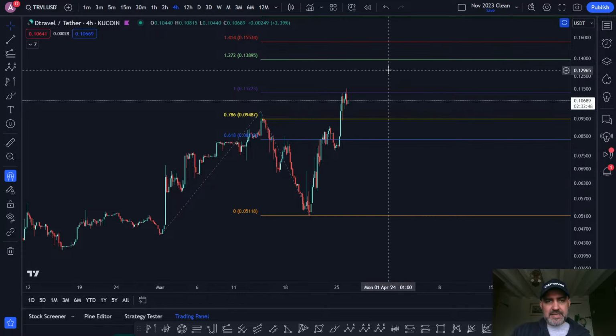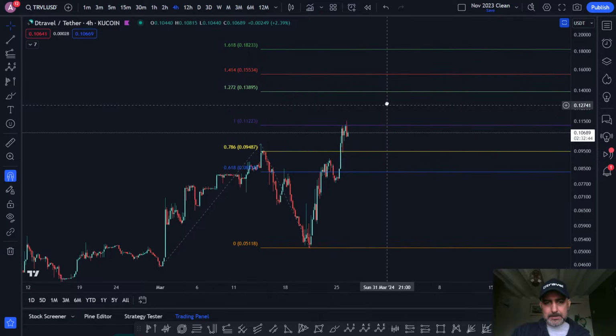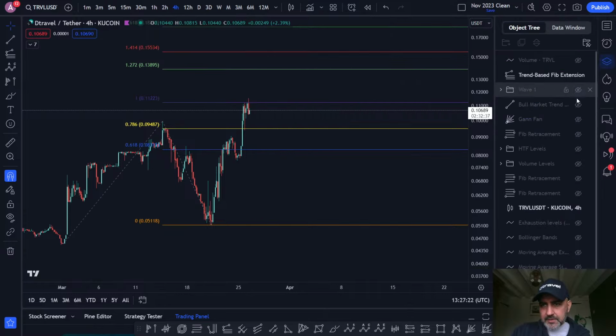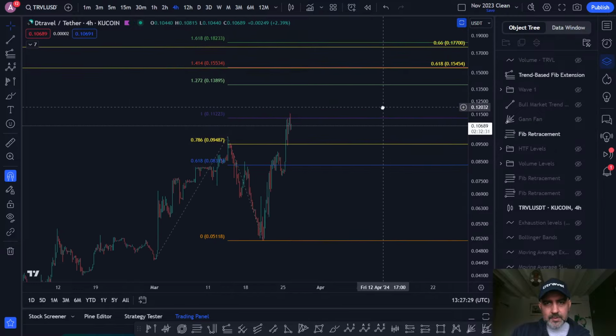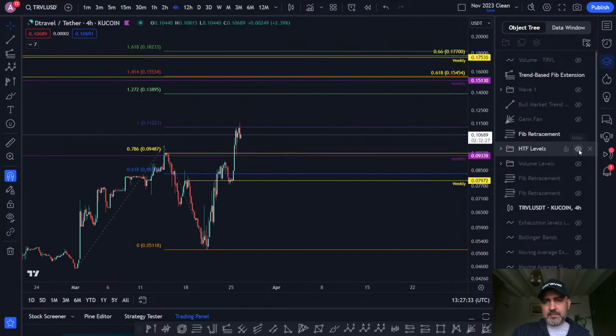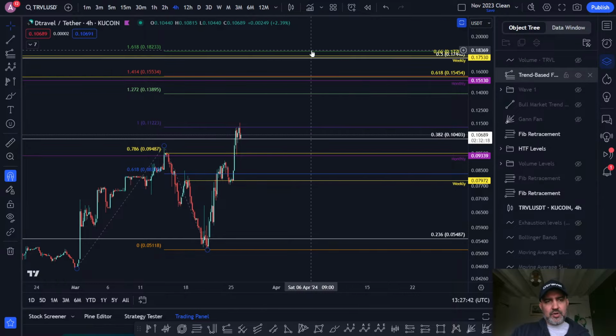So what does that tell me about the upward trajectory? I'm not sure. Let's have a look. Yeah, you see, you've got a lot of strong resistance up there.